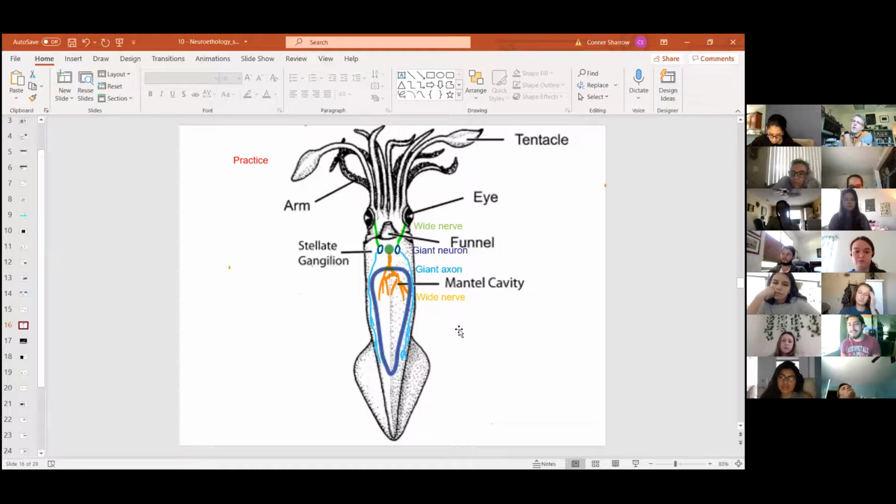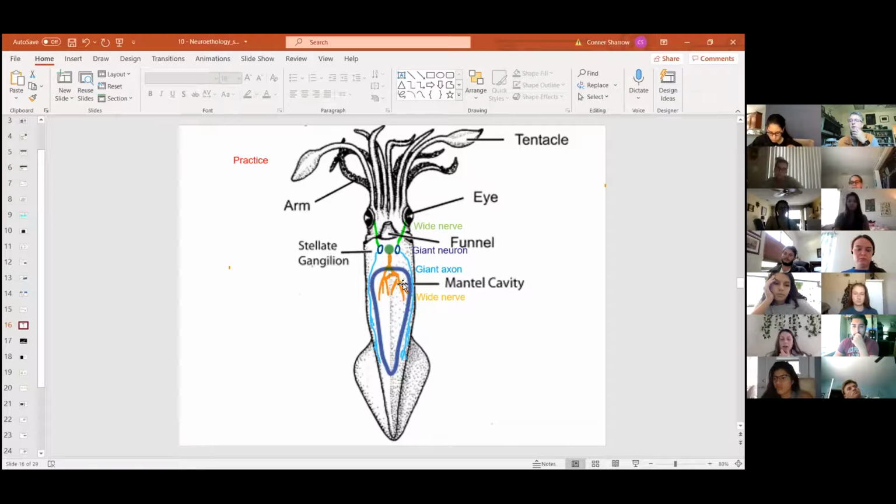Like for instance, when a predator is approaching, it needs to expel it as quickly as possible, so it would use the fast action potential wide nerves. So Connor, where would the widest nerves be? And Liz, Millie, Libby, you can answer too. Where would the widest nerves be in this diagram? We thought it would be in the giant axons. Okay. And where do the giant axons terminate? In the mantle region. True, but the mantle region is along the entire length of the body. So is it in the front of the mantle region closest to the funnel, the middle, or the posterior mantle region?